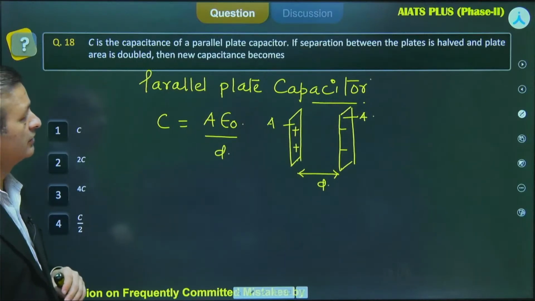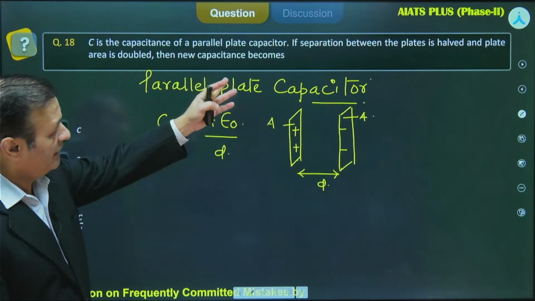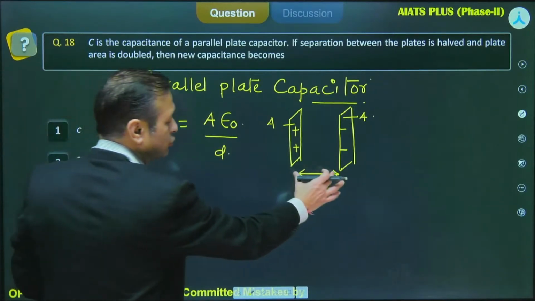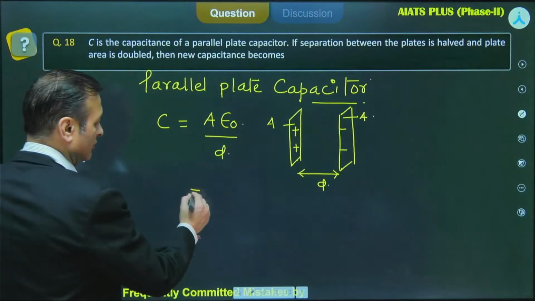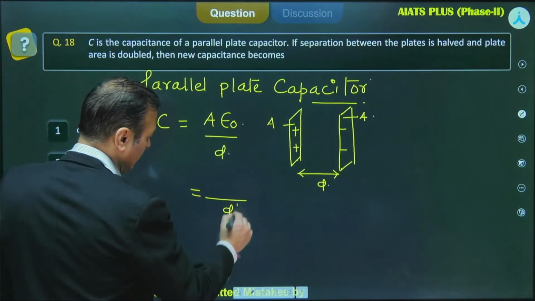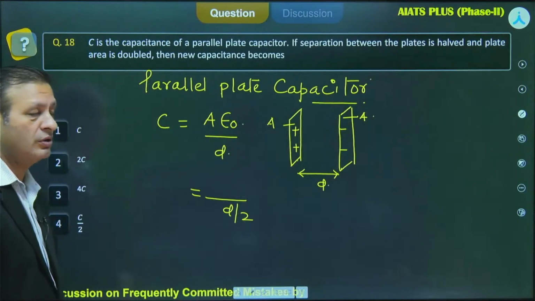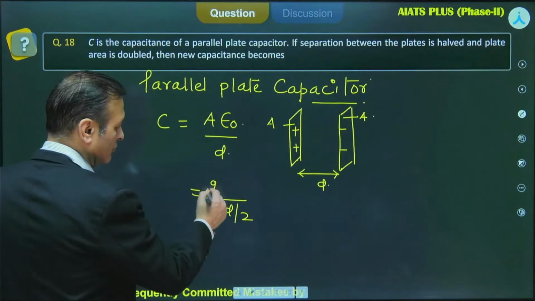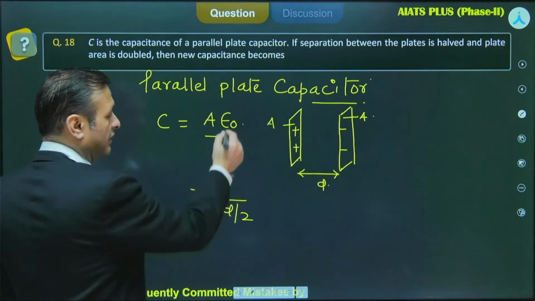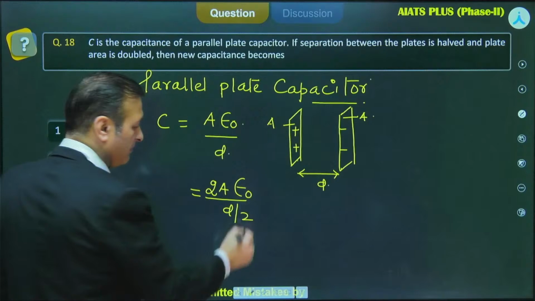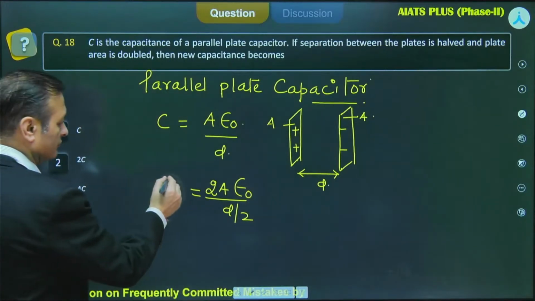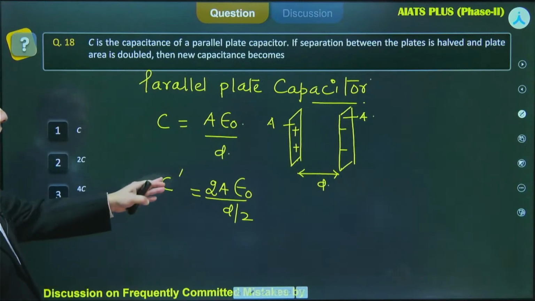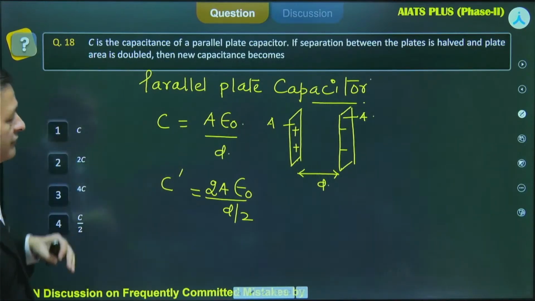So the question says the separation between the plates is halved. Initially we assumed the separation as D. In the second situation, the separation is reduced to half and the plate area is doubled, so the area becomes 2A, keeping the same medium, free space. The new capacitance becomes, let's say, C dash, and we have to answer in terms of C only.